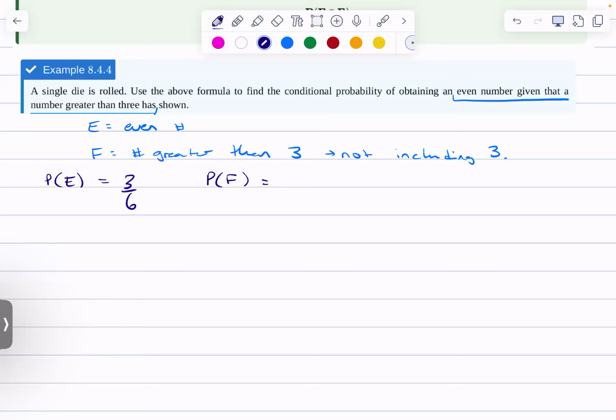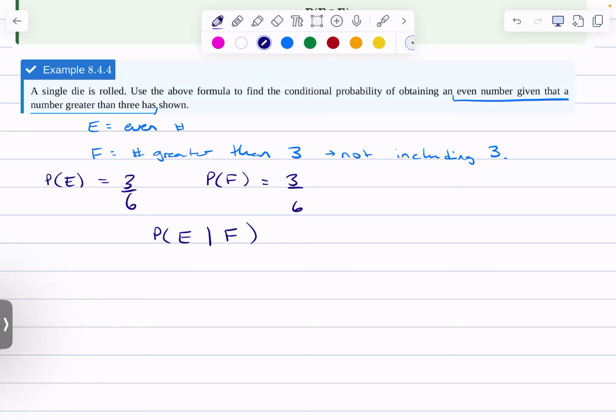That's 4, 5, or 6 out of the 6 possible options. So that's 3 over 6. So now we have those pieces, but we want the probability of an even number given F, where it's a number greater than 3.